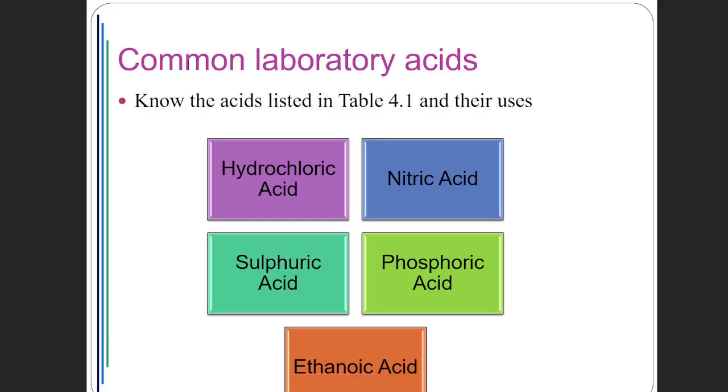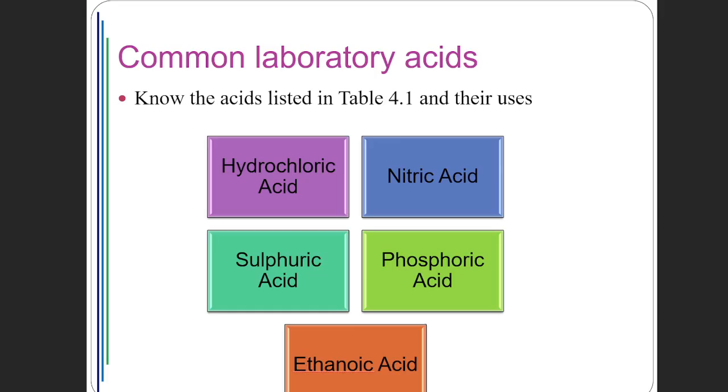There is a table in your textbook, table 4.1, that lists some of their uses. You should know those as well. In that list, you're going to find hydrochloric acid, nitric acid, phosphoric acid, sulfuric acid, and even ethanoic acid.